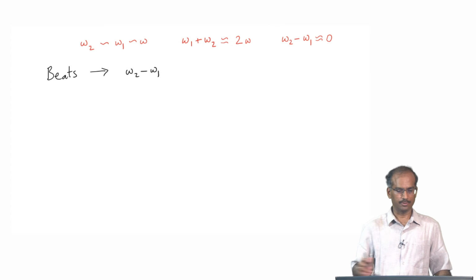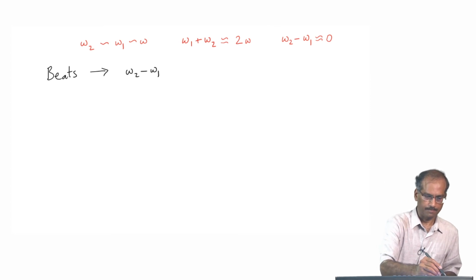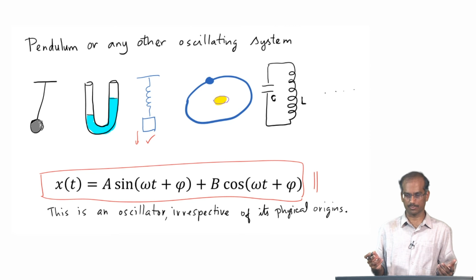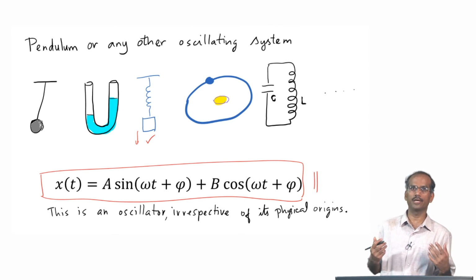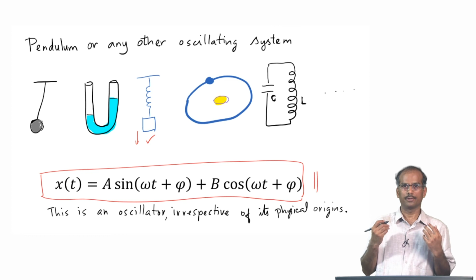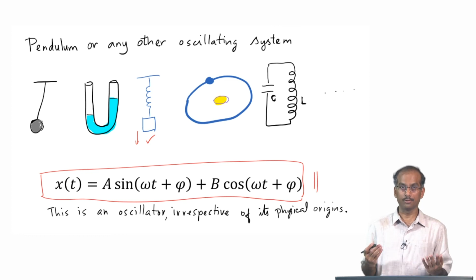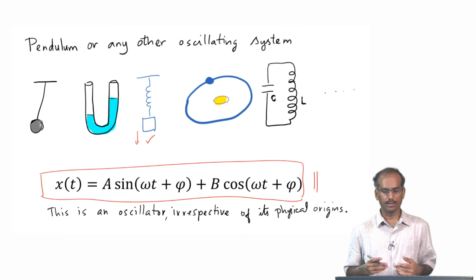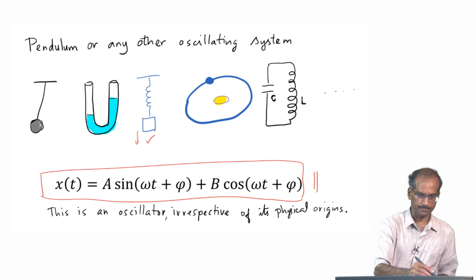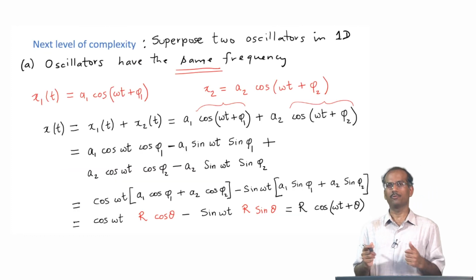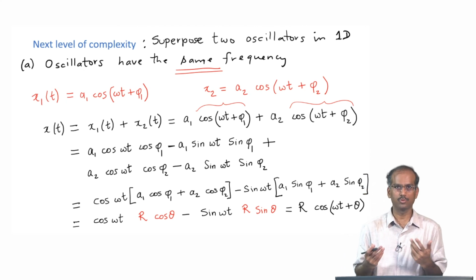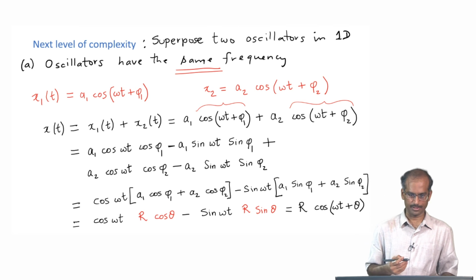To summarize what we have been saying, we started by saying that you could be dealing with any kind of oscillator in the limit of small displacement. In all such cases, the governing equation of motion is the same, and the solution can in general be written as a combination of sine and cosine with some phase to it. Then we dealt with the problem of how to combine two oscillators in one dimension, and here the restriction was that the two oscillators have the same frequency.